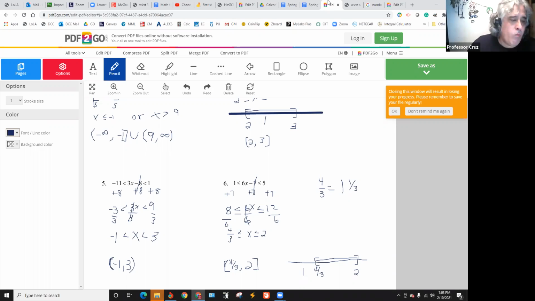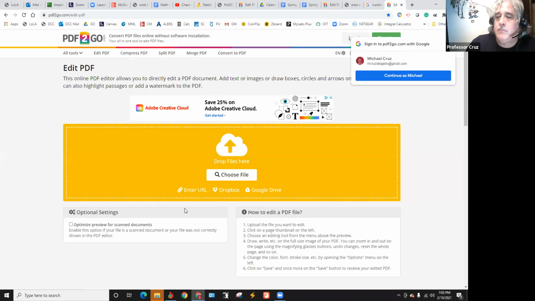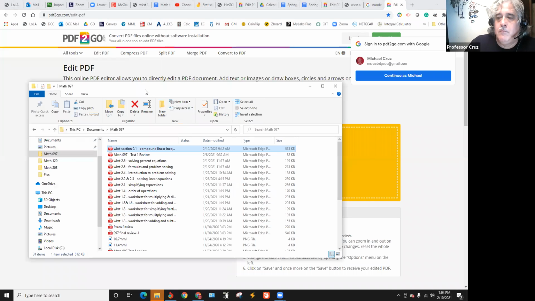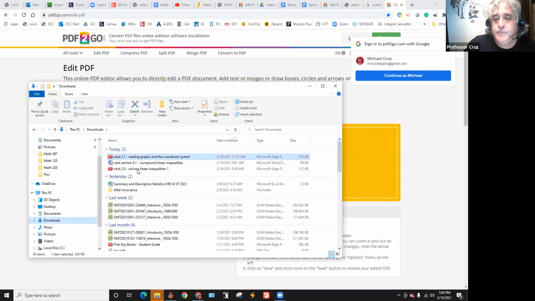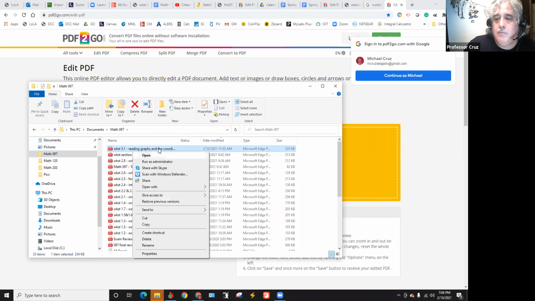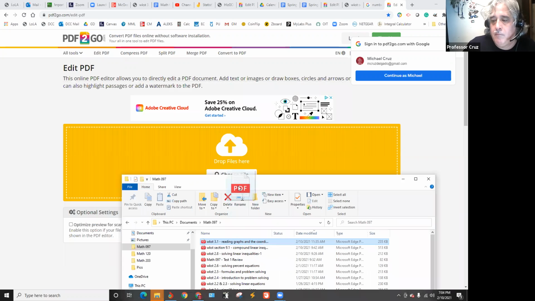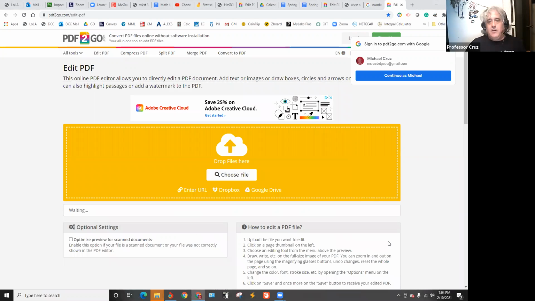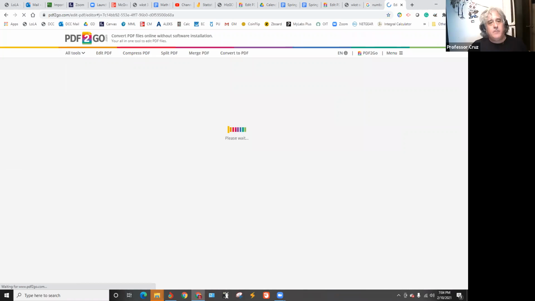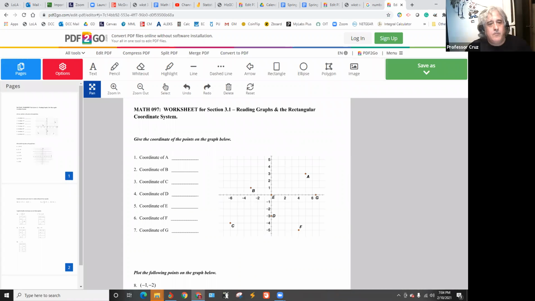Okay, so basically 3.1 just deals with reading these graphs, because when you've got 2 dimensions, all right.